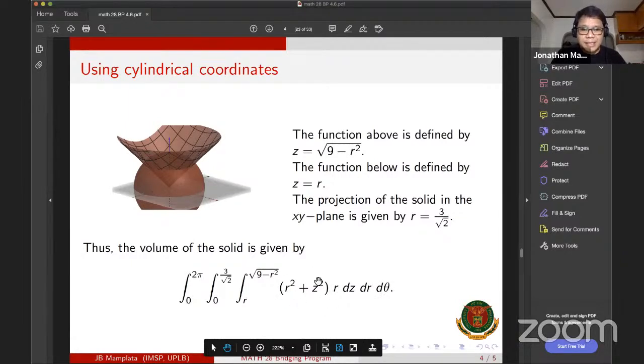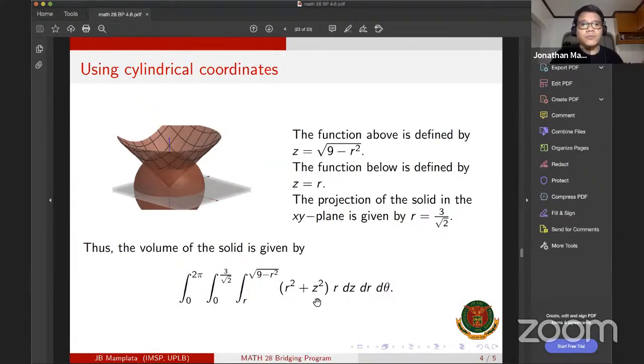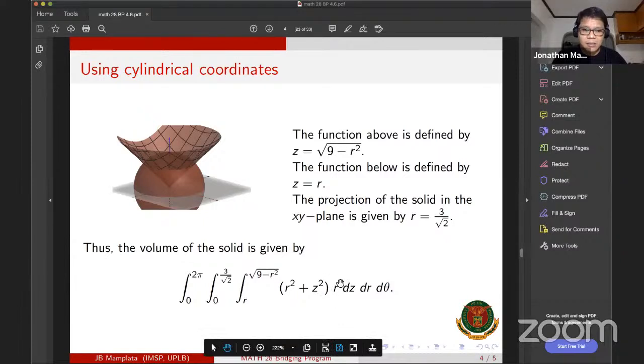Again, yung integrand natin kanina, which is x squared plus y squared plus z squared, yung x squared plus y squared doon ay papalitan natin ng r squared to conform with the cylindrical coordinate system. And of course, huwag kakalimutan yung multiplier na r sa integrand. That is important. So this is the volume using the cylindrical coordinate system.